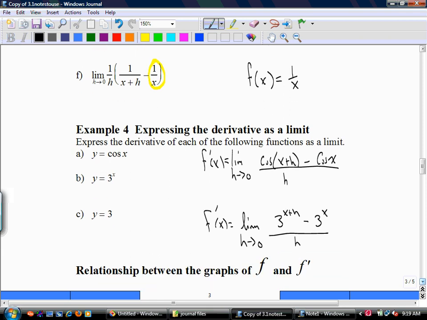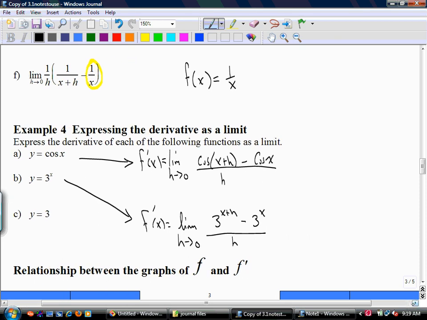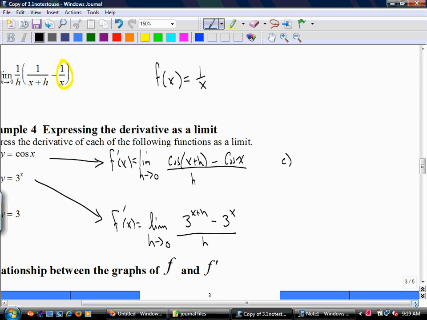Y equals 3. This one's kind of stupid. Anybody know why this one's kind of stupid? No, there's no x, so there's no x plus h, it's just 3 minus 3 over h. You don't actually have to do it as a limit statement.